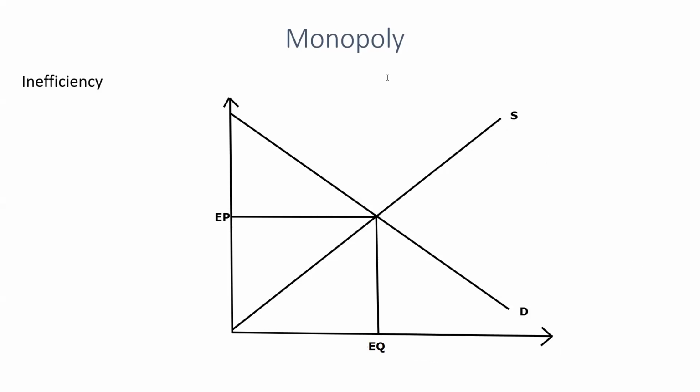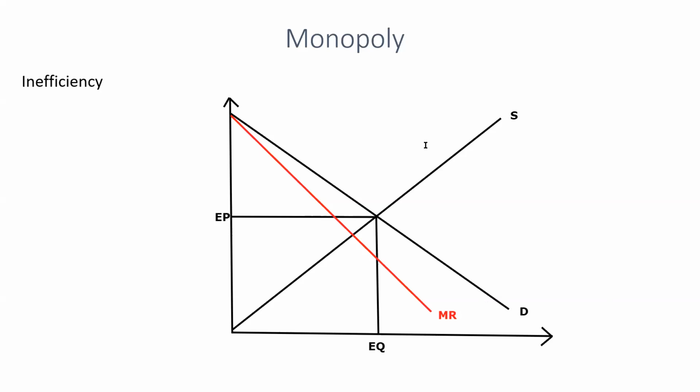But now let me show you what happens when we have a monopoly. Ready? You know, for a monopoly there was one major difference. The marginal revenue was split from the demand curve, wasn't it? So this is my marginal revenue in case of a monopoly, right? This is the marginal revenue.